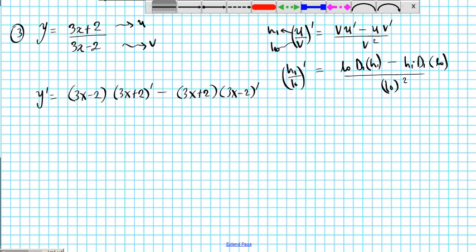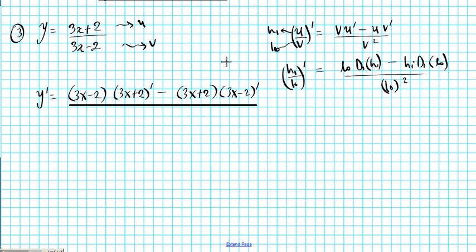And then we're going to divide that whole thing by v squared, which is 3x minus 2 squared.